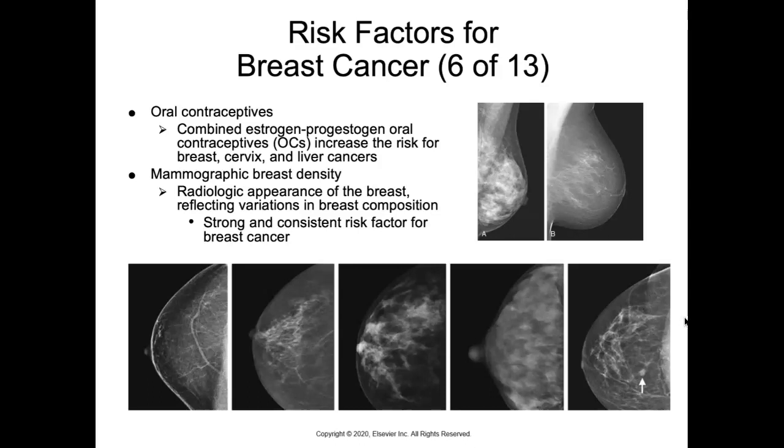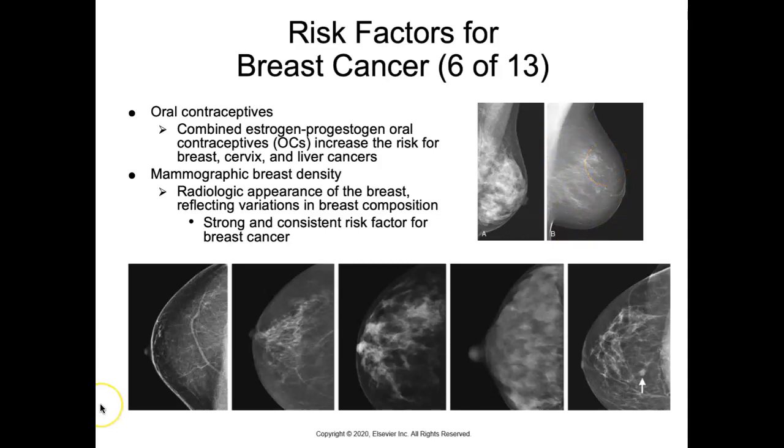So if you're looking at some of the black and white images on here, we see that there is variation amongst the breast composition. Here in this image, we can see that we have a very fibroglandular or dense breast tissue. That's why we see so much white throughout in here. Whereas here in B, we see a breast that is more fatty, and therefore we see less of that white appearance.